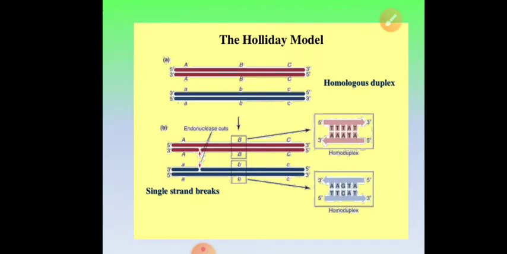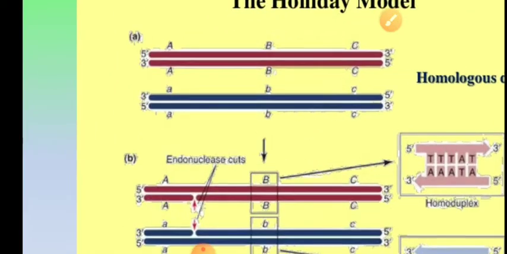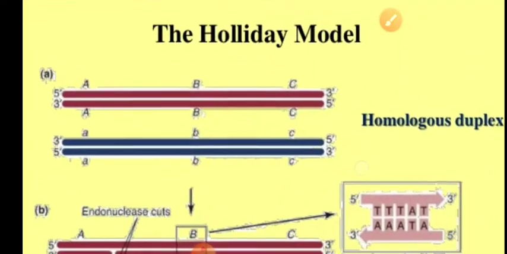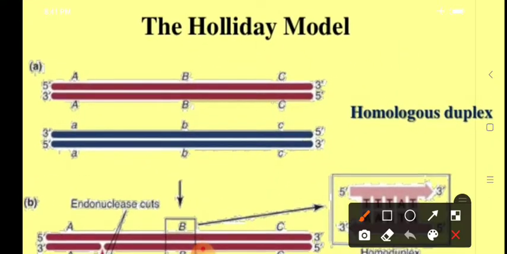So let us study the Holliday model with the help of diagrams. If you look at the diagram, you can see there are two duplexes, duplex 1 and duplex 2, shown in different colors. Duplex A has genes A, B, C and of course complementary genes A dash, B dash, C dash, running in 5' to 3' and 3' to 5' direction.